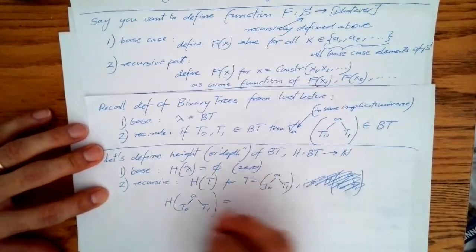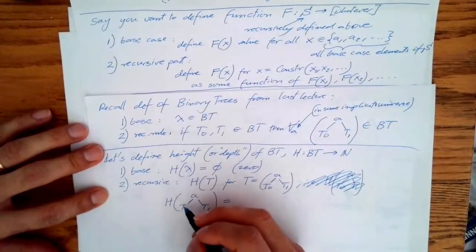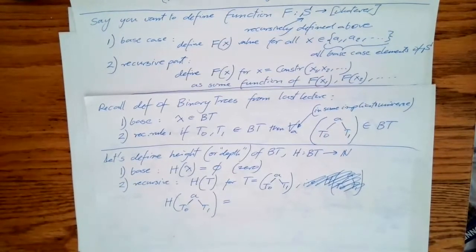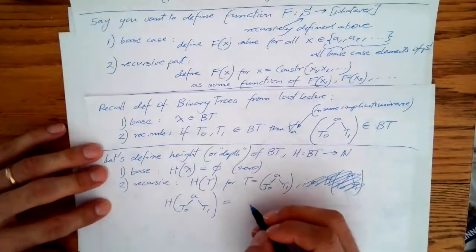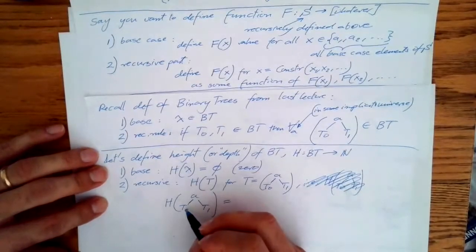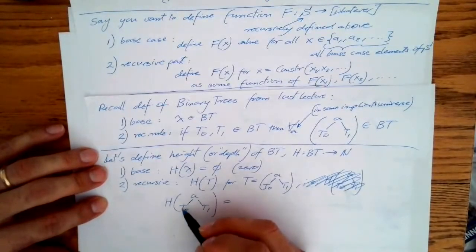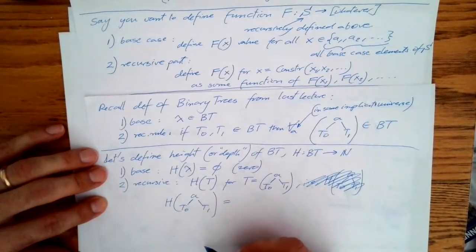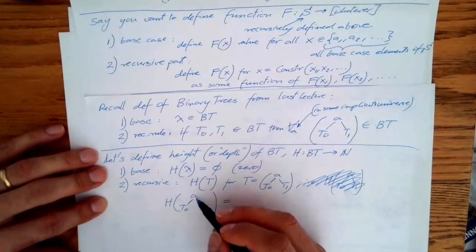Think about this: what is the height of the tree? If this tree is short and this tree has a big height, the height of the whole is just going to look at the height of this and add one more.